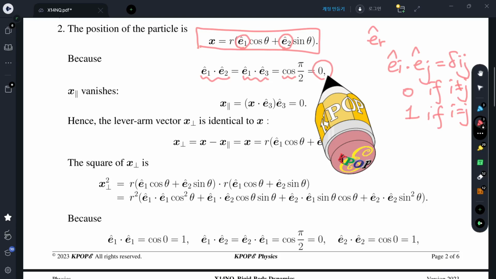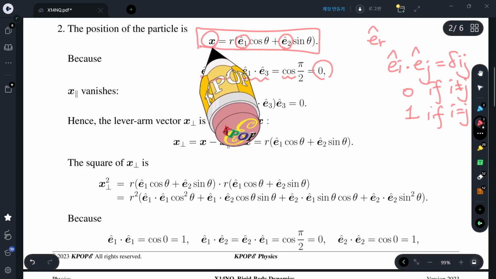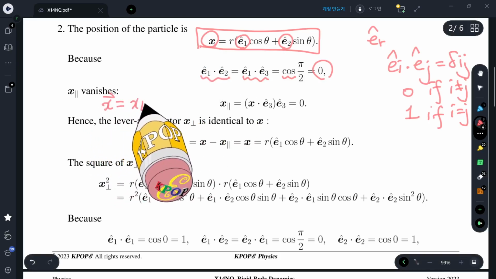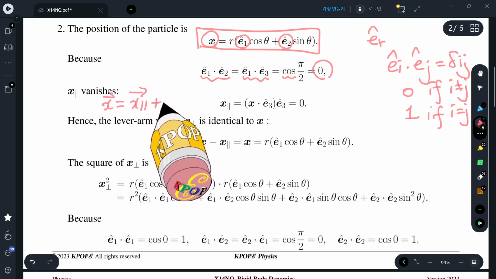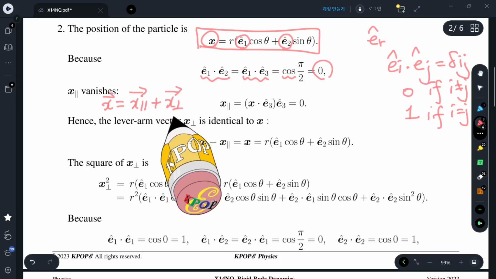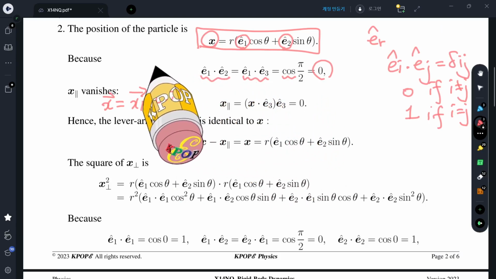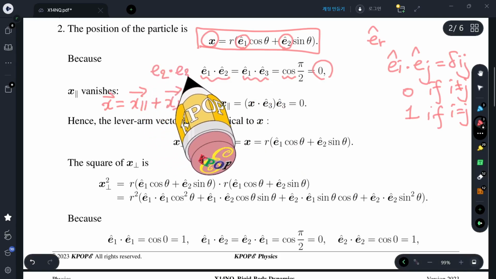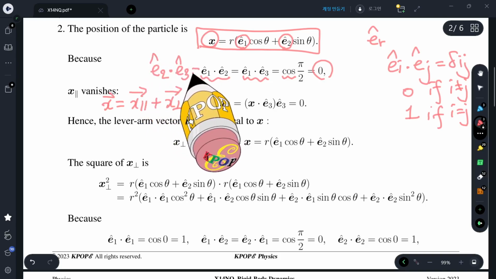We express this x vector as a linear combination of a component that is parallel to the axis of rotation and a perpendicular component that is perpendicular to the axis of rotation. Because we can also say e2 dot e3 is also 0.